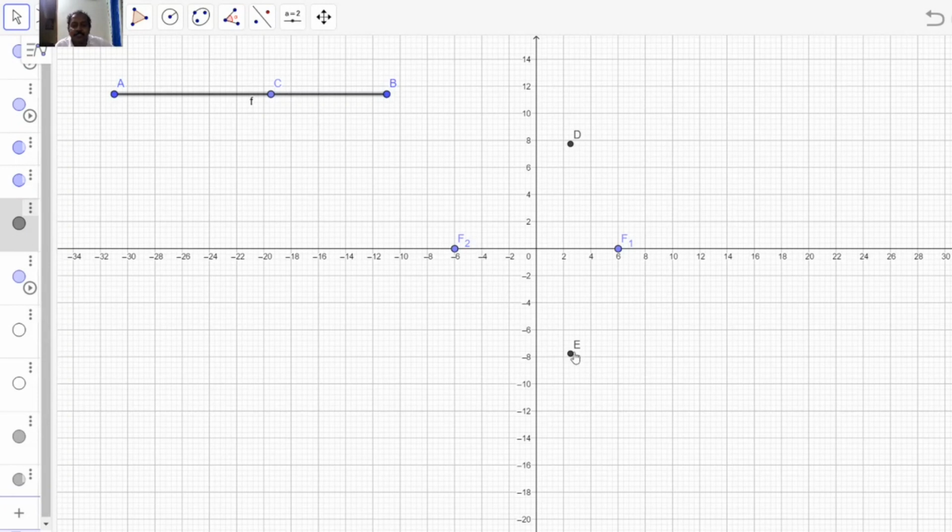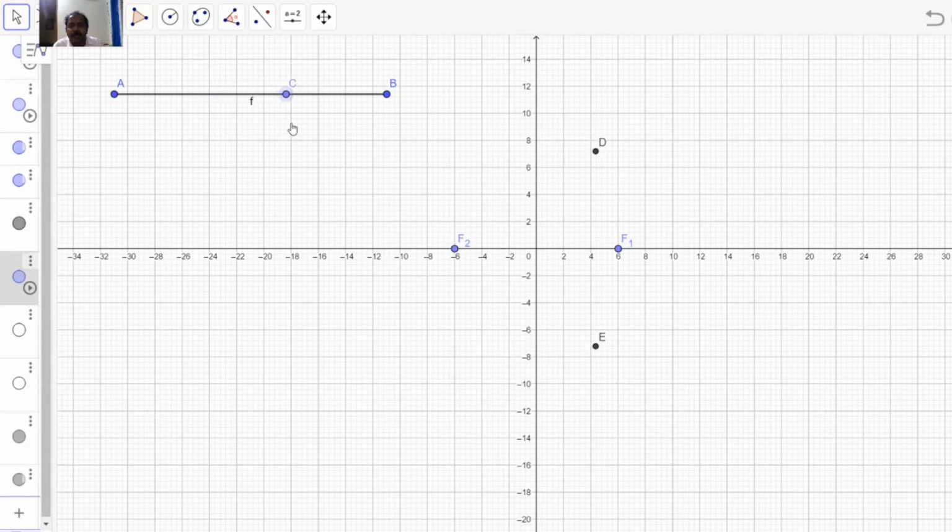Similarly, we have chosen E such that the distance from F1 to E plus E to F2 is the constant AB. So you can see that when C moves on AB, the distance from F2 to D plus the distance from F1 to D is a constant AB.